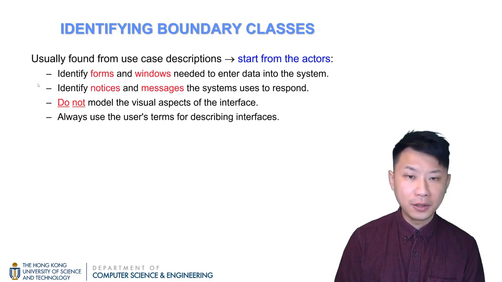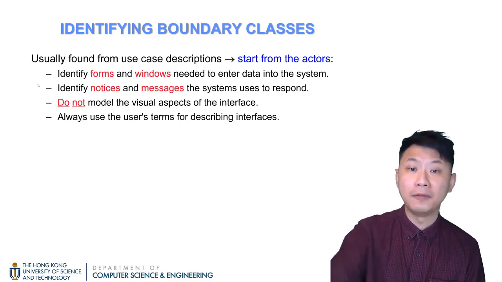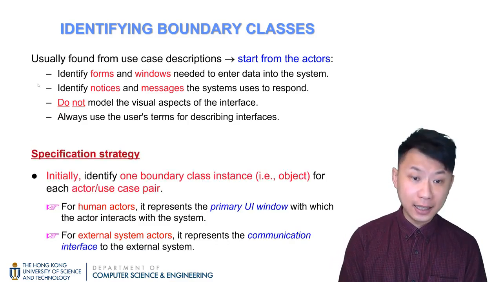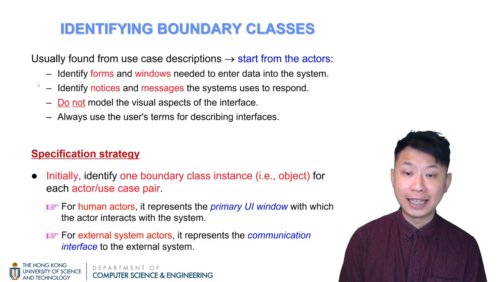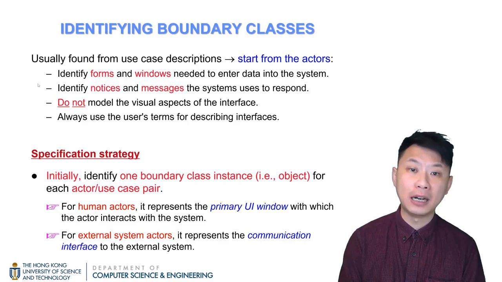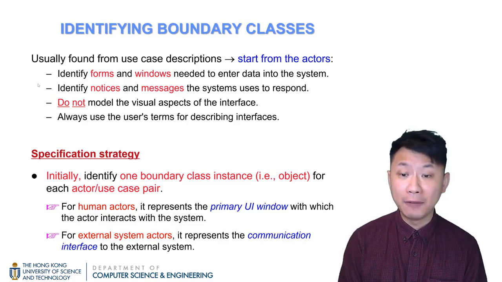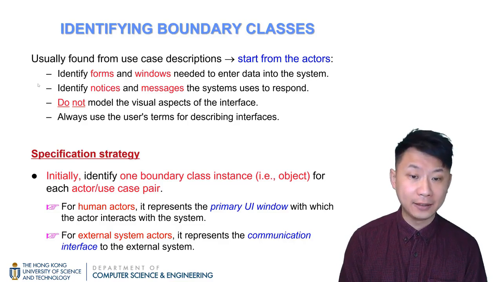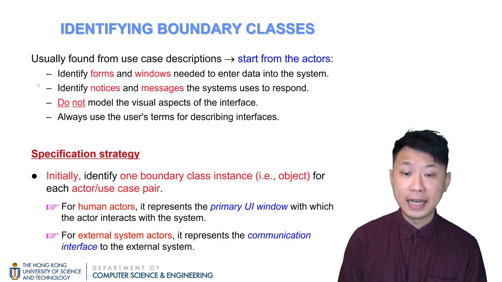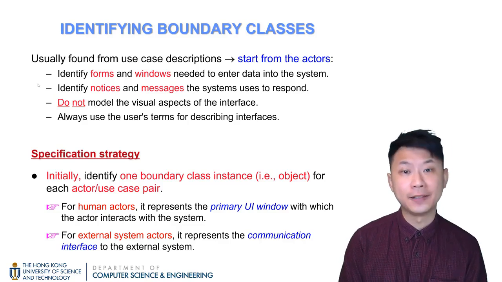And we always use the user's terms for describing interfaces. And initially, we will identify one boundary class instance for each actor use case pair that we have within our use case diagram. For human actors, it represents the UI window with which the actor interacts with the system. For external system actors, it represents the communication interface to the external system.